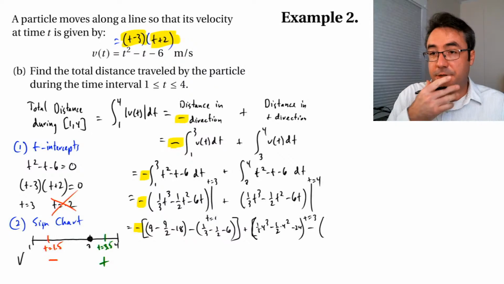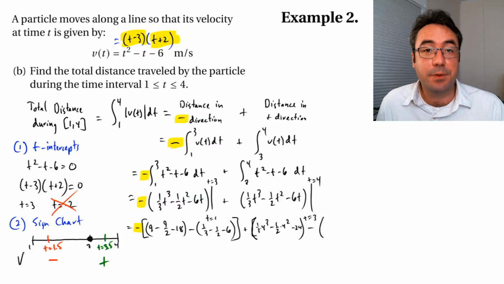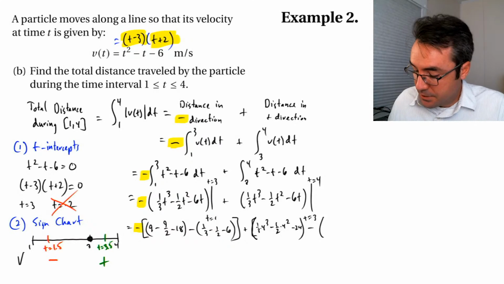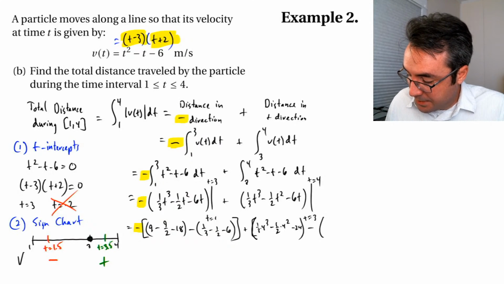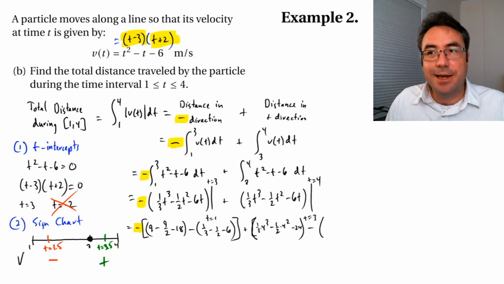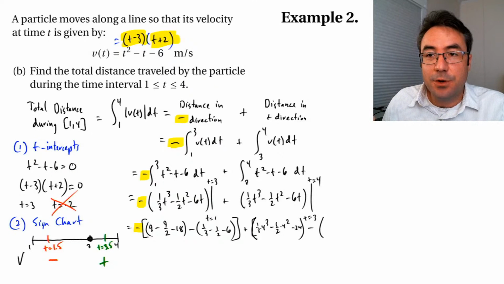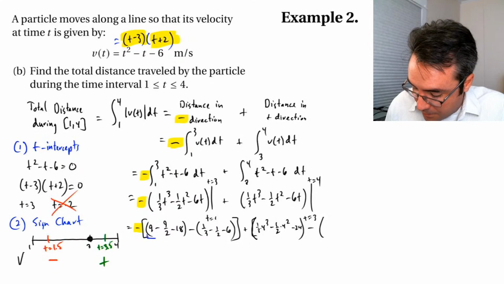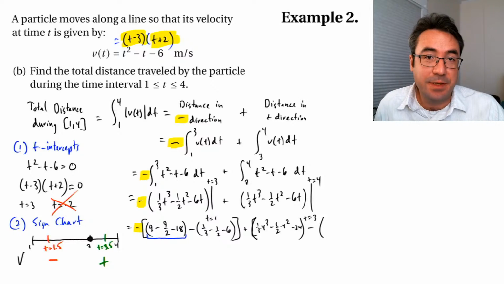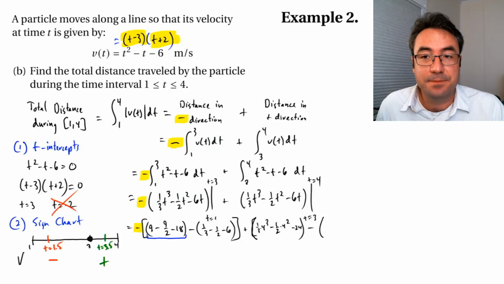And then we subtract, we plug the lower limit in there. So we plug 3 in and subtract. So the nice thing, again, a lot of the work you can kind of reuse. So we've already seen what happens when we plug 3 in. So it's going to be the exact same thing.